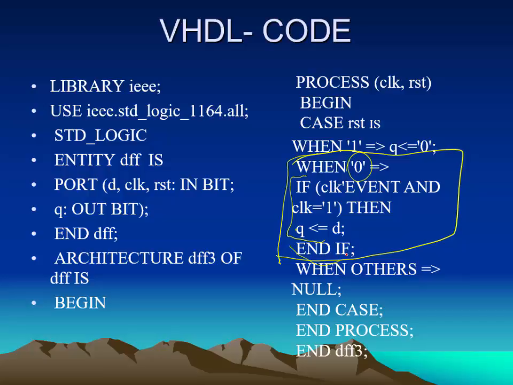So when others actually sounds a little crazy. You normally wouldn't need that, because you've already handled the 2 cases of reset 1 and 0, but you normally stick the when others there just because VHDL likes it. The code ends up being a little simpler. So, all right.